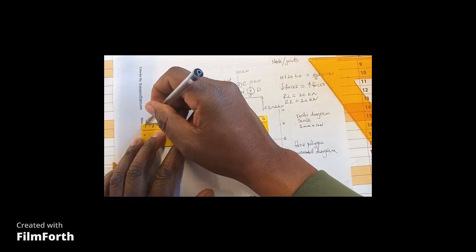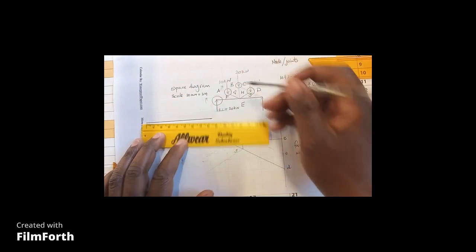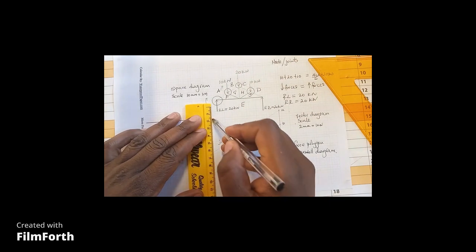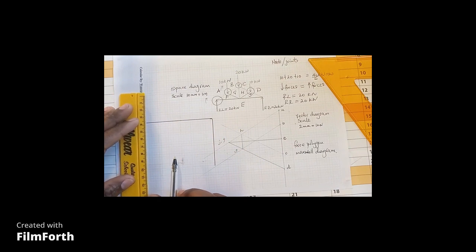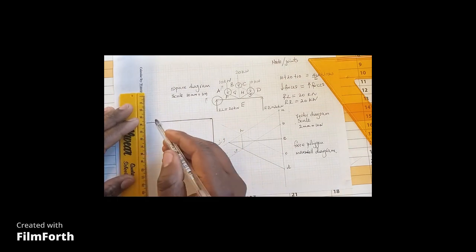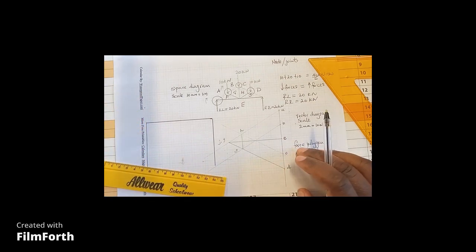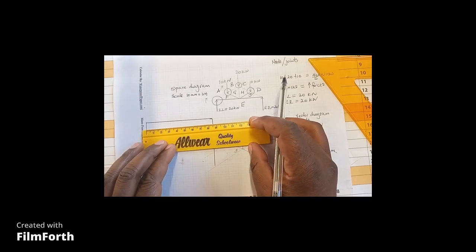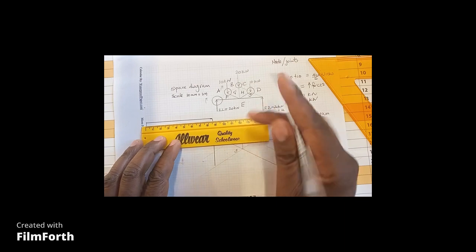Let me just complete a table here. In this case, I'm not gonna do all the members, but I will just do probably 5 of them, and then you will be having a hint of what to do next to the remaining members.